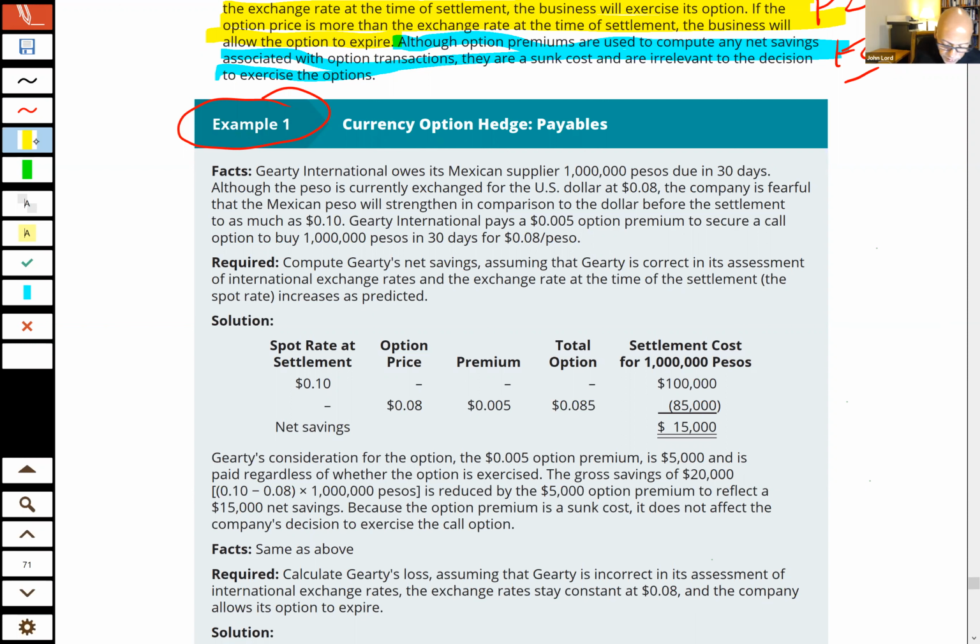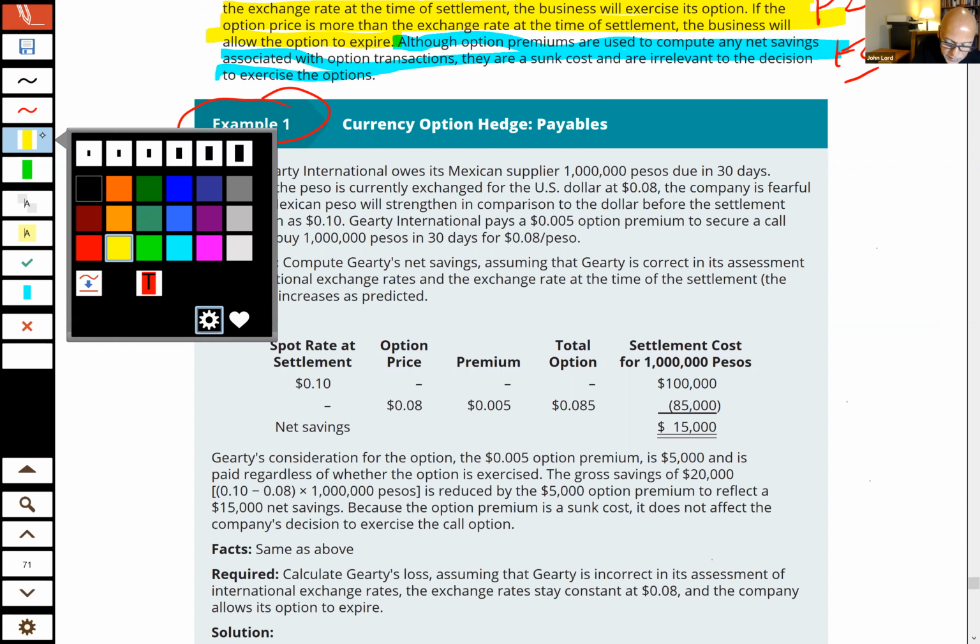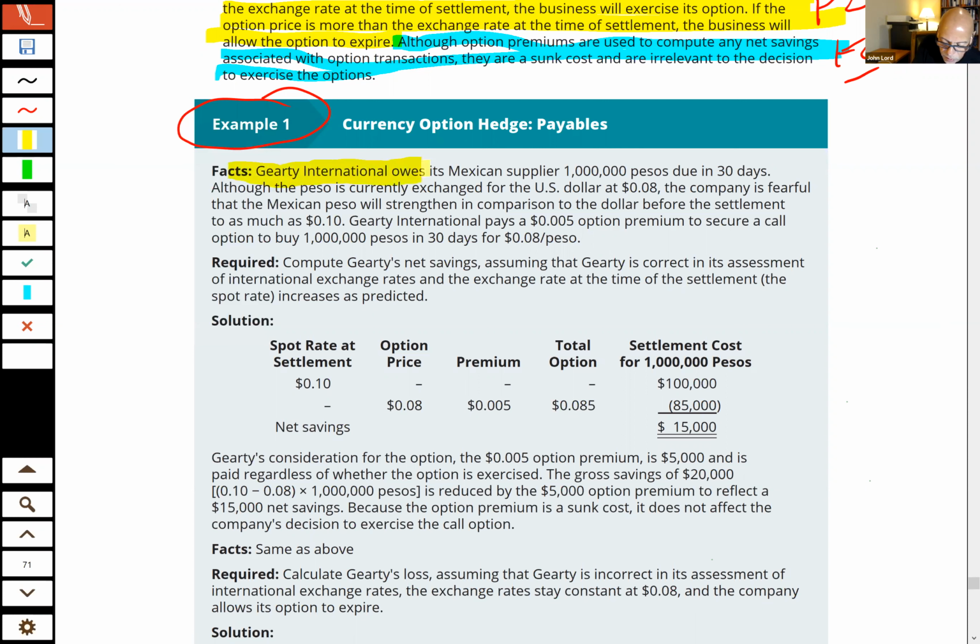So let's take a look. They tell us that Garrity International owes a Mexican supplier 1 million pesos due in 30 days. Although the peso is currently exchanged to the US dollar for 8 cents, the company is fearful that the Mexican peso will strengthen in comparison to the dollar before the settlement, to as much as 10 cents.